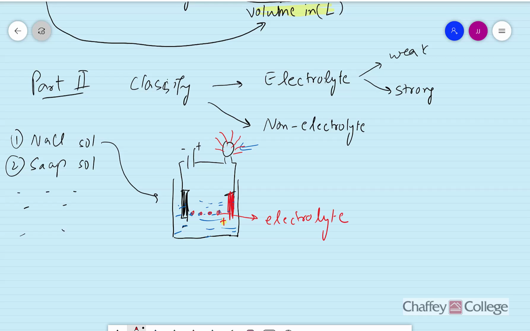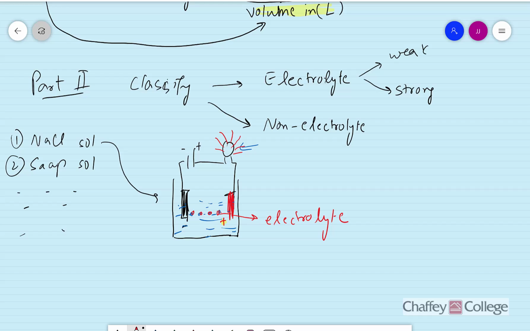Electrolytes could be two kinds, either weak or strong. Weak electrolytes conduct a lesser amount of electricity, or small charge, and strong electrolytes conduct a large amount of charge, so the light bulb will glow strong. And non-electrolytes do not conduct electricity, so they will not glow.